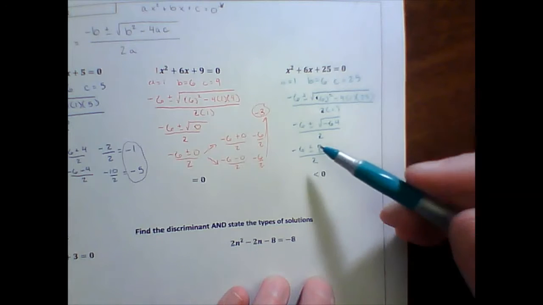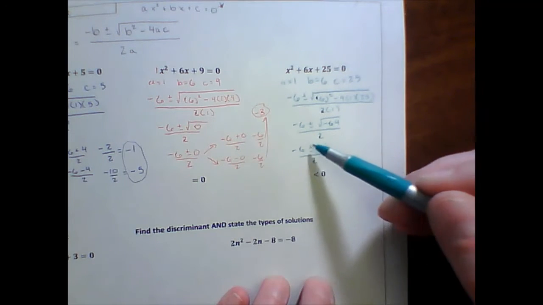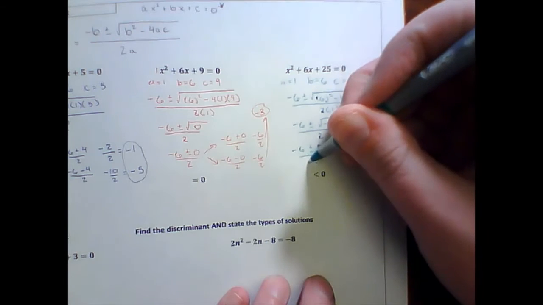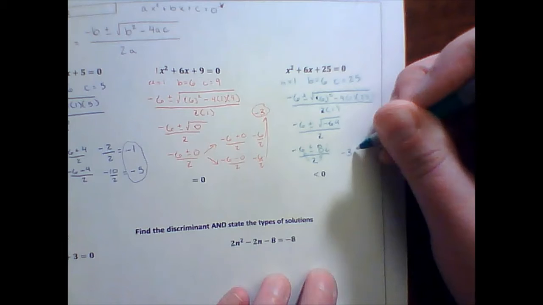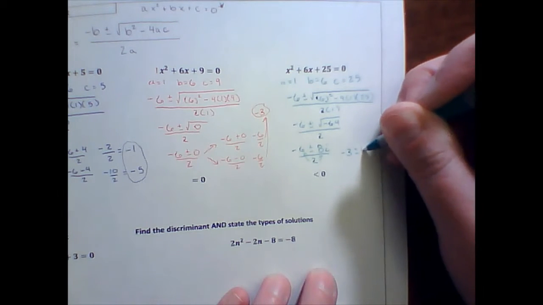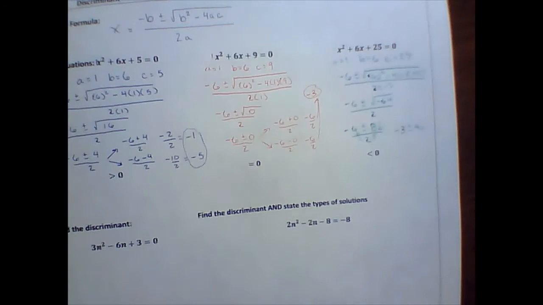So it wouldn't help to split this into plus and minus fractions like we did the others, because we can't combine the top. We can reduce it. So since they're both being divided by 2, we can divide them into negative 3 and 4. We can't really do anything more than that. And that's a 4i. So the i is still attached.